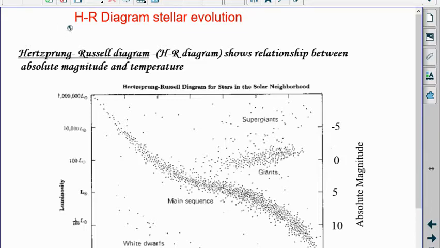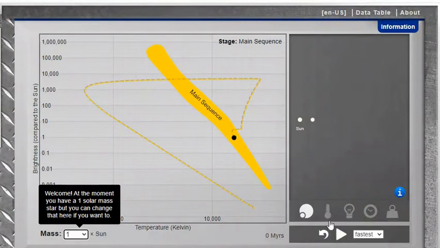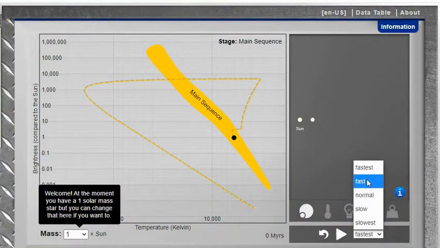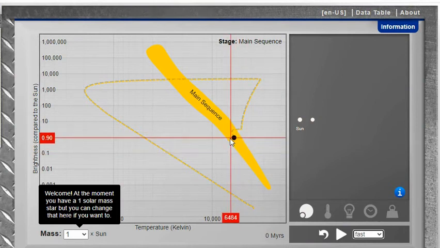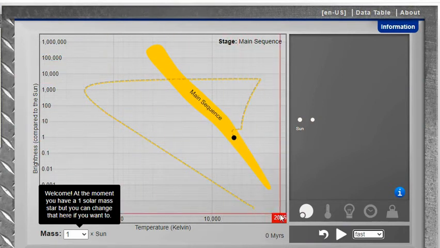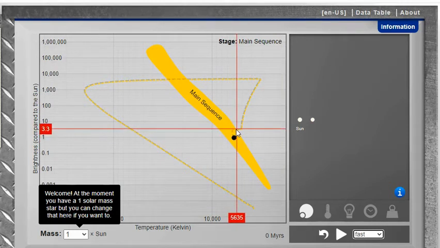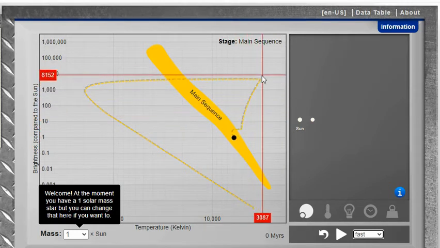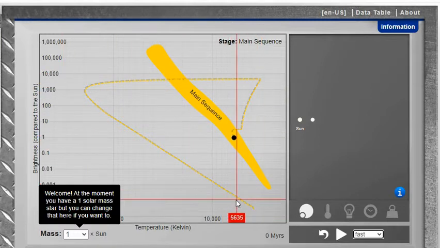This is called Star in a Box, just to show a couple things. A star like our sun right here, and it shows the path that it follows over time. It's on the main sequence. It will slowly over time get bigger, get colder and brighter, and then it will very quickly die and become a white dwarf.